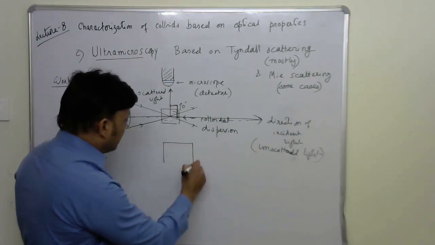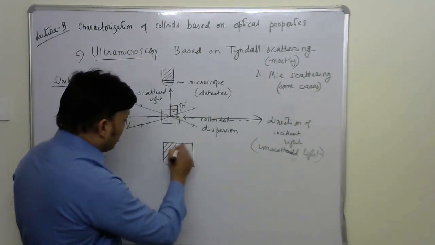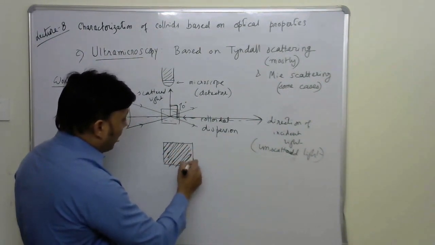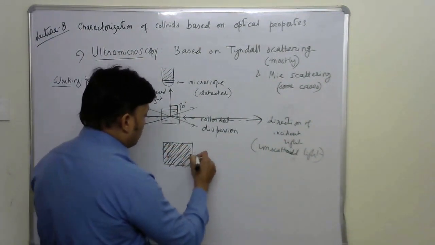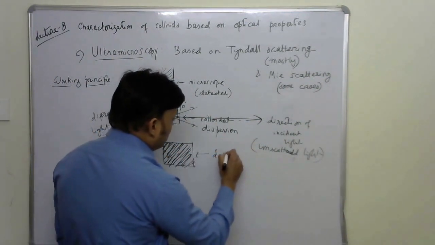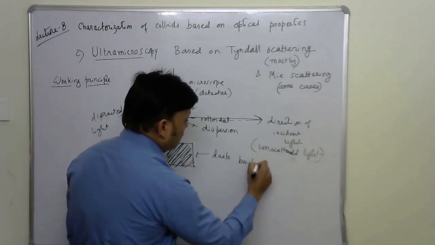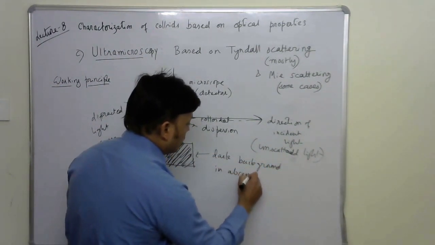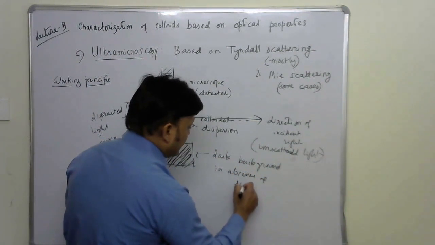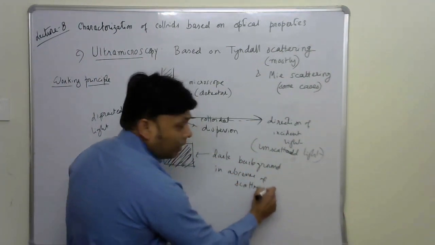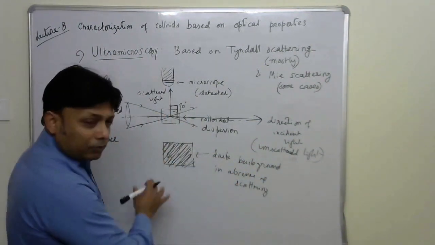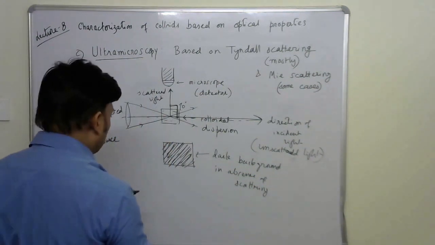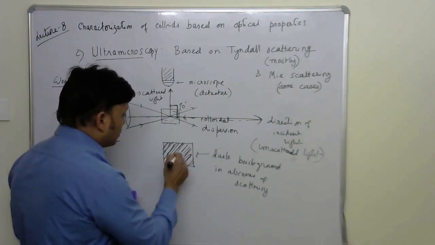In absence of any scattering, we generally see a dark background. And then whenever the scattering happens, we will see a signal as a bright spot against the dark background, something like here.